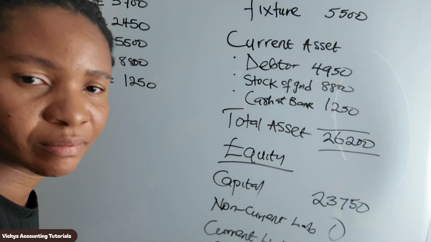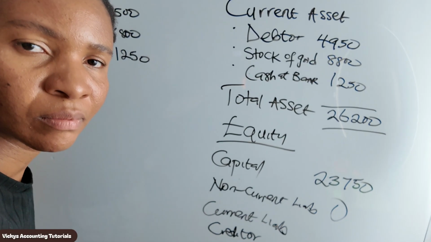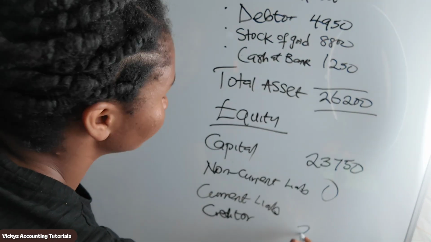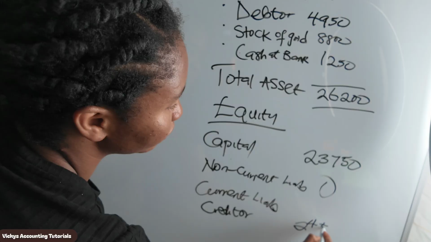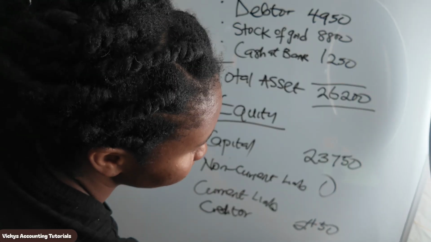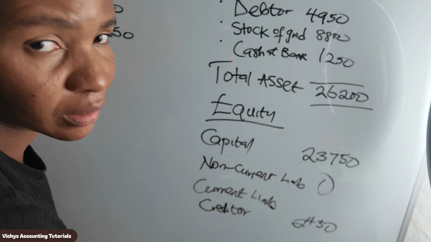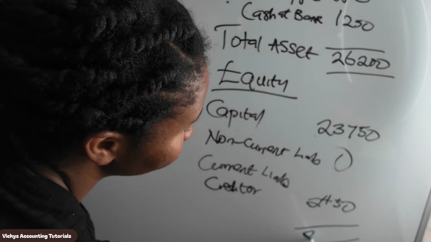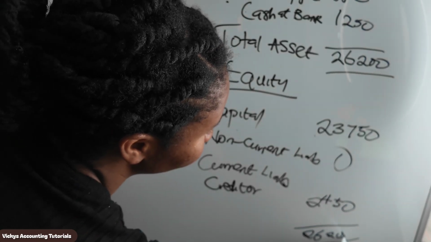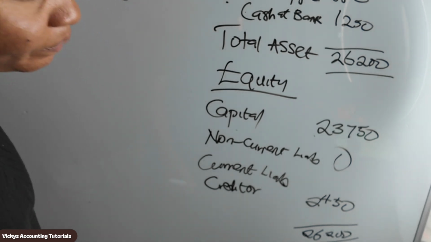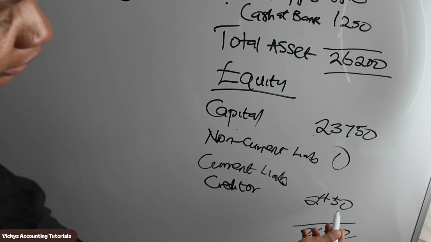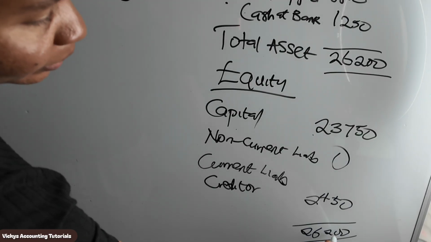Hope you guys can see. Our creditor here amounted to 2,450. Okay, if you sum these up, how much does it come up to? So it's 26,200. You see, our equity and our liability sums up to 26,200.